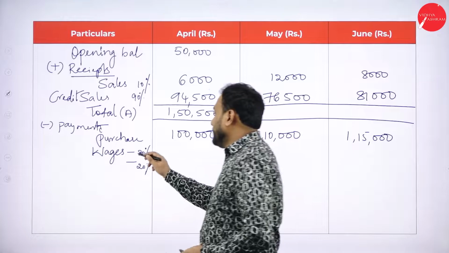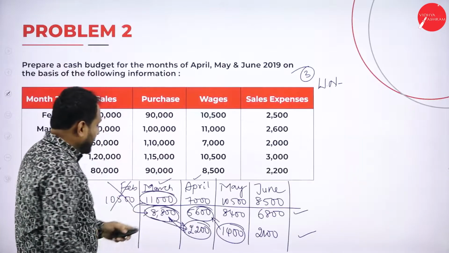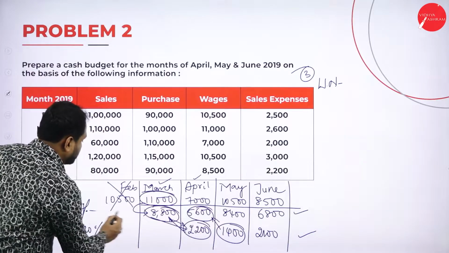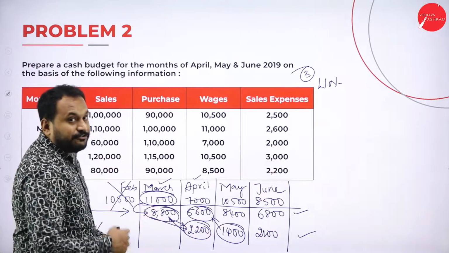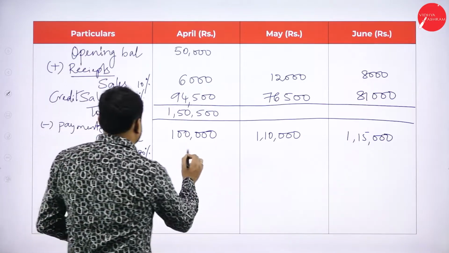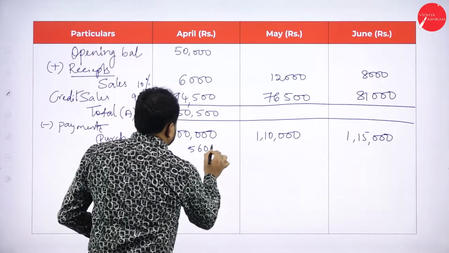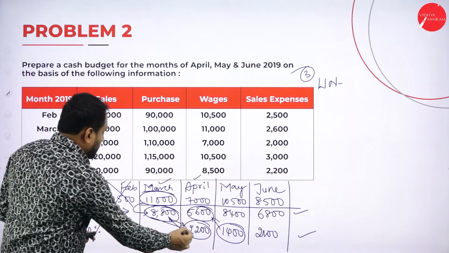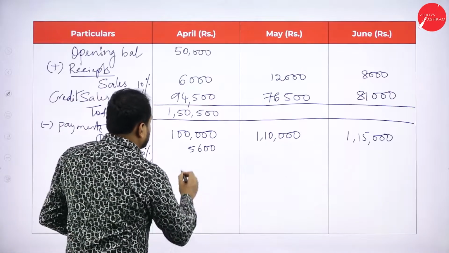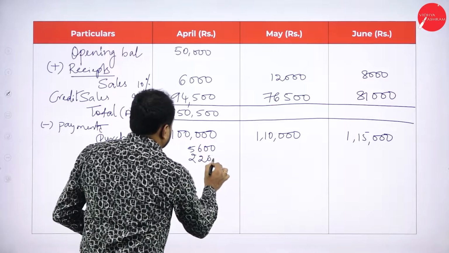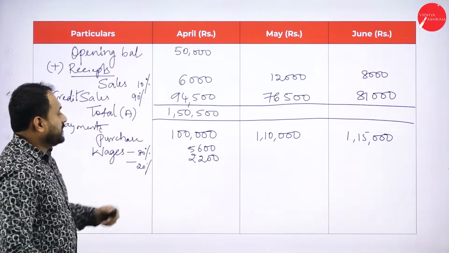What exactly is it? 80%, how much is it? April. Understand, this is what 80% is: 5,600. Next here, 20% is what? 2,200. This is the 20% and the 80%.